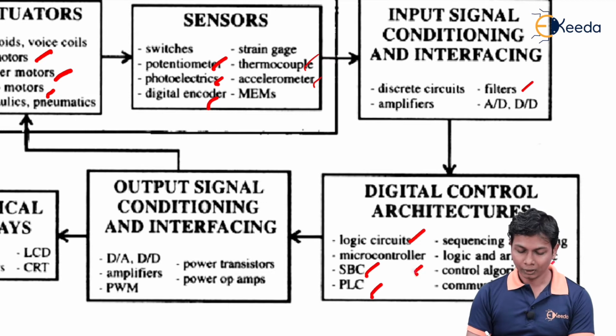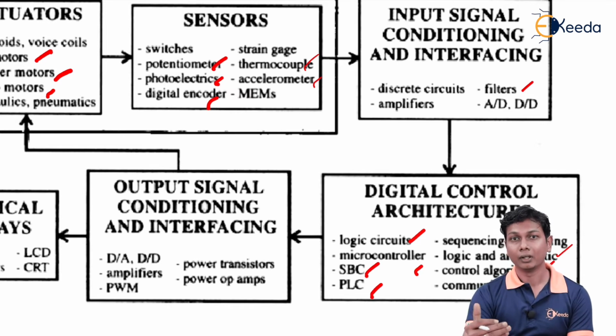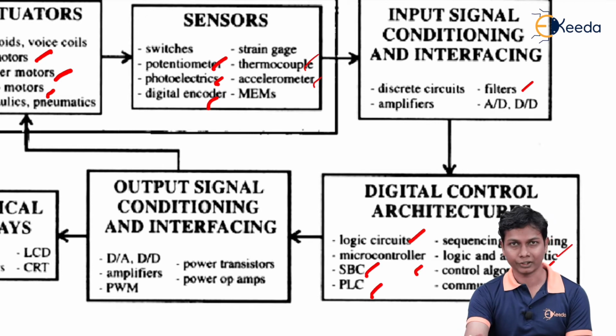Control algorithm, communication and logic arithmetic are also there, where depending upon the customer requirements the software is changed, and all these are digital control architecture.